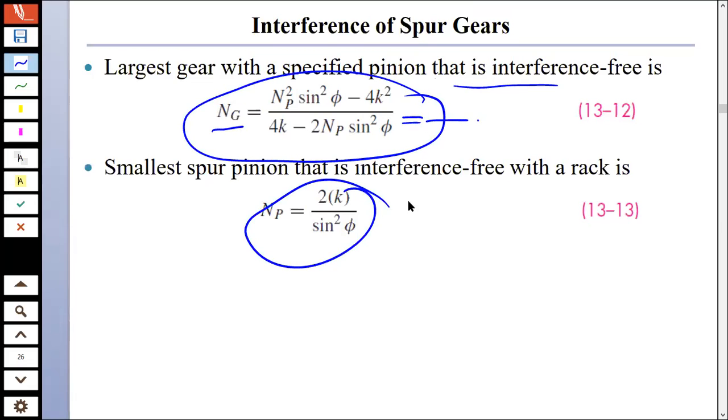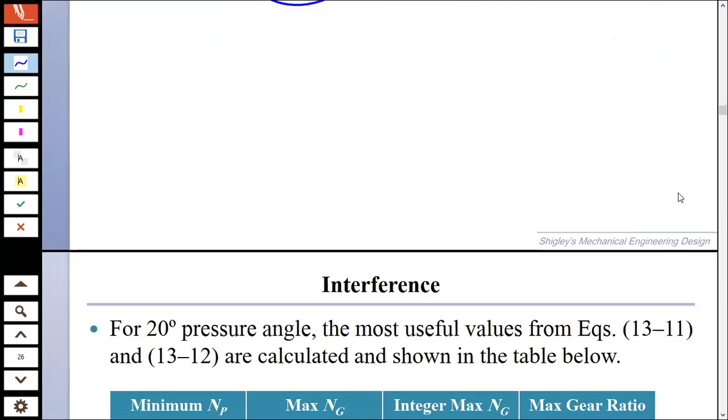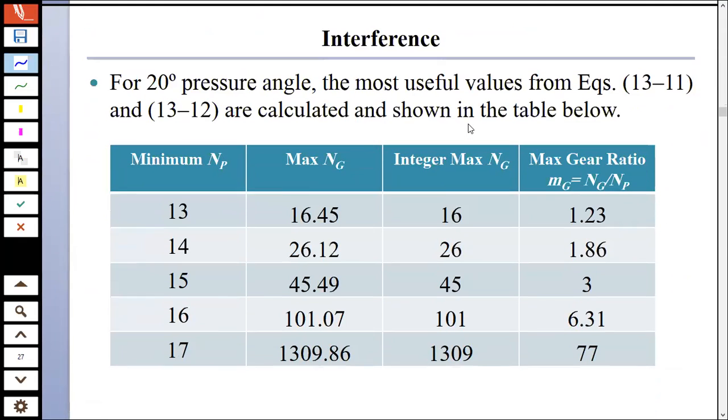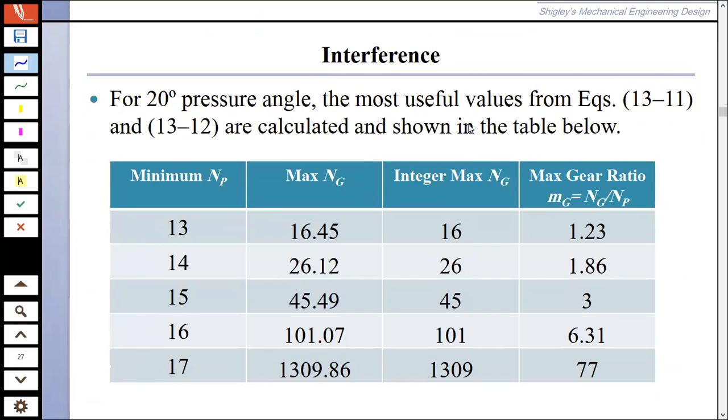The number of teeth for a rack can also be calculated using formula 13-13. Let's say, for example, we want to keep some pressure angle, for example, 20 degrees. The most useful values of 13-1 and 13-2 are calculated as shown.